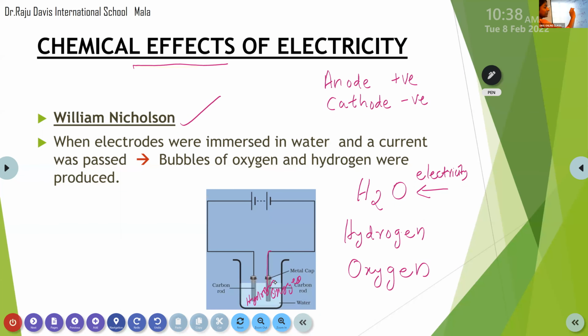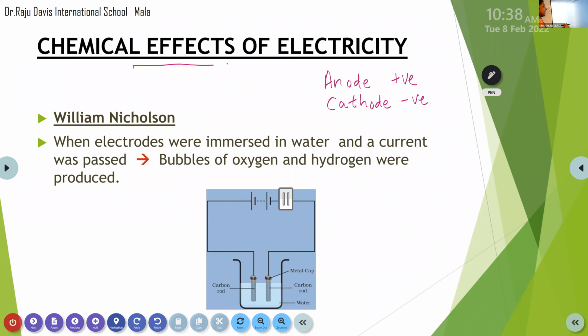There is no need to study this one if you understand what to observe from this experiment. So water breaks to form hydrogen and oxygen, and the charge of hydrogen is positive. When any liquid or any salt breaks, it breaks into two components.